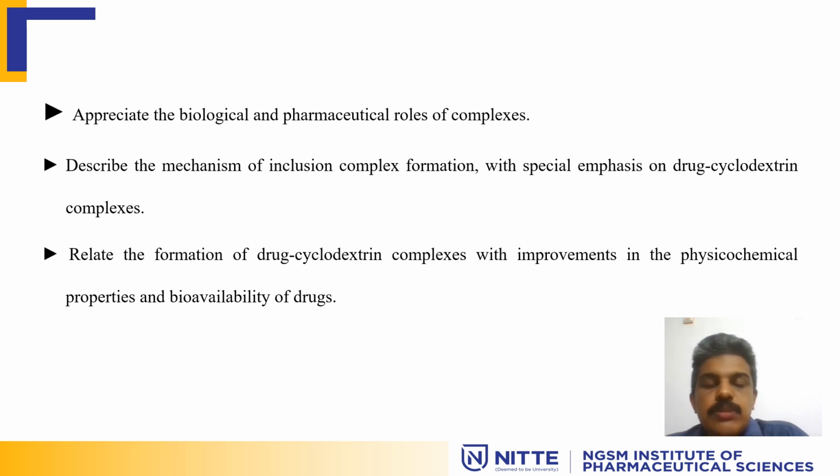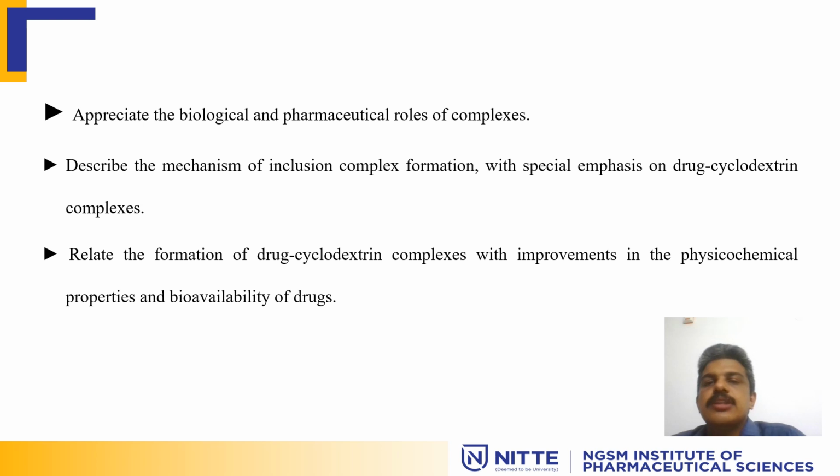Okay, so we are going to study in detail the mechanism of inclusion complex formation, with special emphasis on drug cyclodextrin complexes. Cyclodextrin is a complexing agent. It has a tendency to form inclusion complexes, or host-guest chemistry complexes, or occlusion compounds, with a variety of drugs.